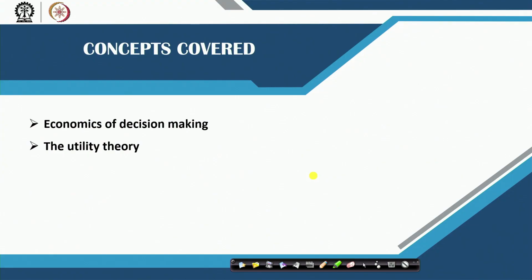So, today's topic is basically the discussion on the economics of decision making process and the utility theory in its classical framework.